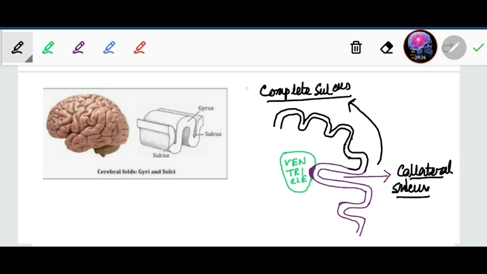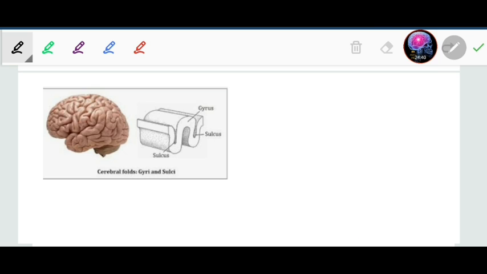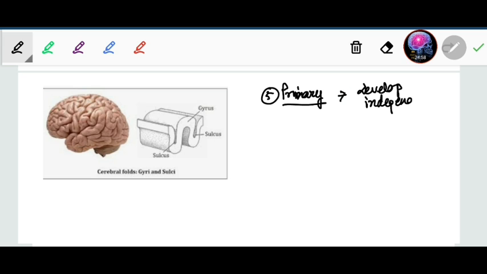The last two kinds are the primary and secondary sulcus. What is a primary sulcus? Most of the sulci are primary sulci because they develop independently. So primary sulcus is one which develops independently, whereas secondary sulci are dependent on other factors for their development.